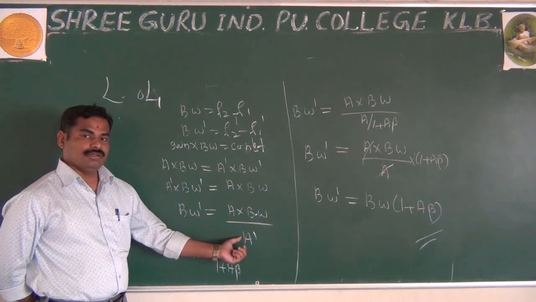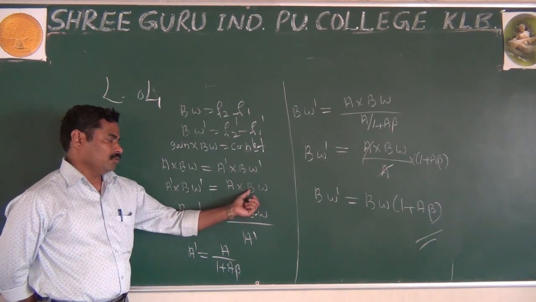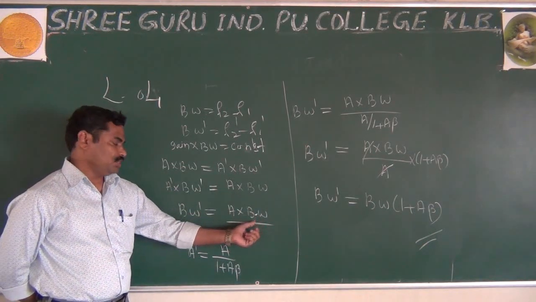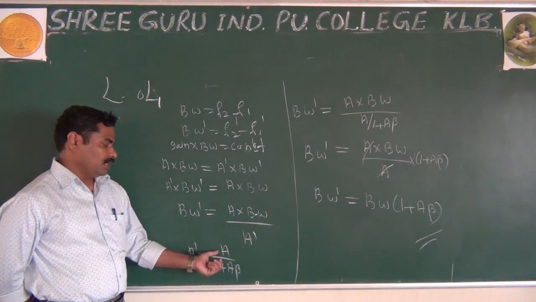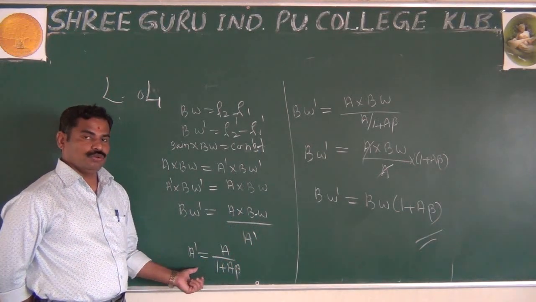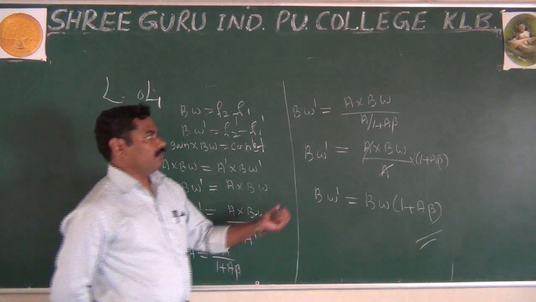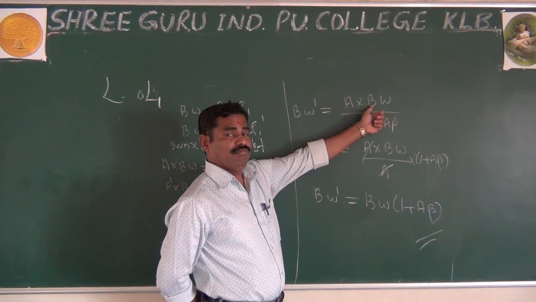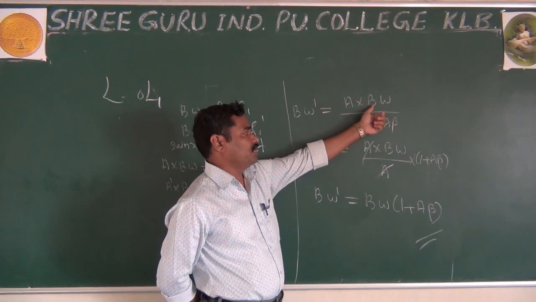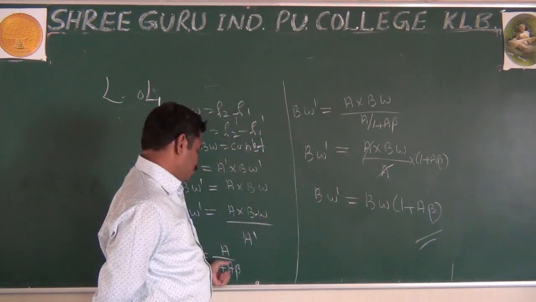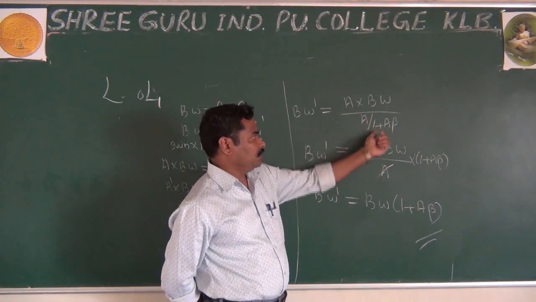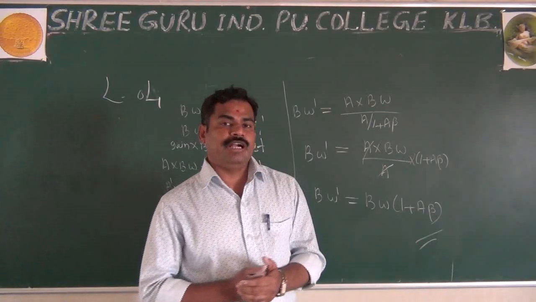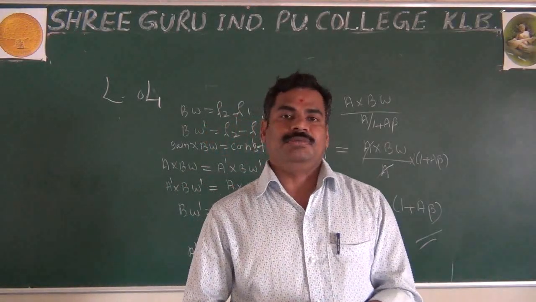A dash divides here, where A is the voltage gain and bandwidth is as it is, and you substitute the A dash value, that is A divided by 1 plus A beta, which we know for voltage gain with negative feedback. We get that we can increase the bandwidth nearly 1 plus A beta times.